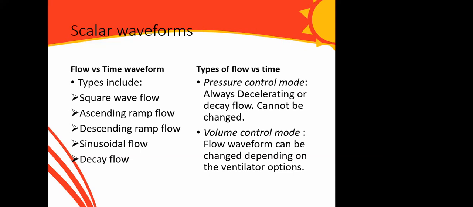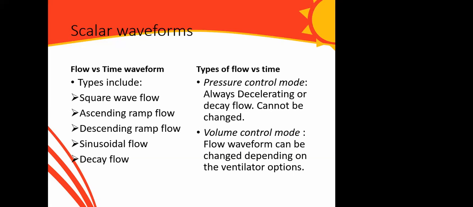What it means is that the machine gives an increased maximum pressure, and as the respiratory cycle continues, the pressure decreases. So it's not a constant pressure throughout your respiratory cycle. For pressure control, you give a high pressure and then the pressure declines over time, or decays. So for pressure control, especially when you're using flow versus time, it's a decelerating or decay flow you will get.